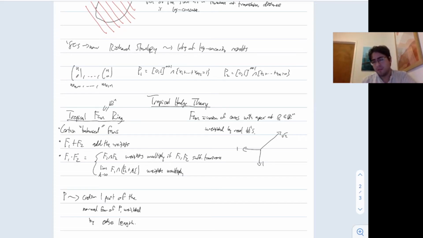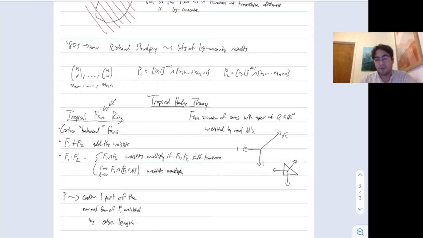Let's see what a normal fan is. If I give you a polytope, so here's my polytope, take a point inside, and you draw all the normal vectors to the facets. So in this case, I drew all the normal vectors to the facets. And then the fan has 2-dimensional cones, 1-dimensional cones, and a 0-dimensional cone.